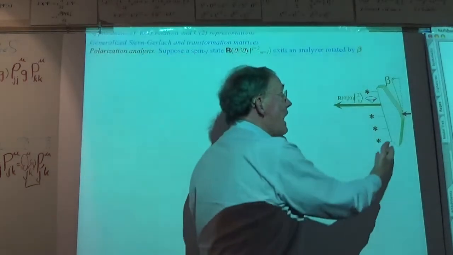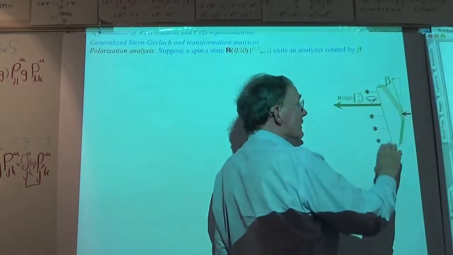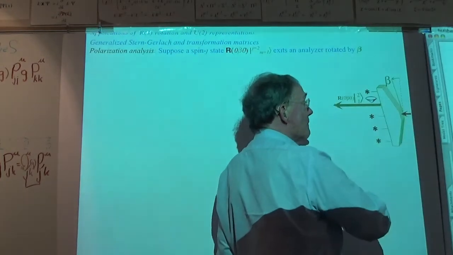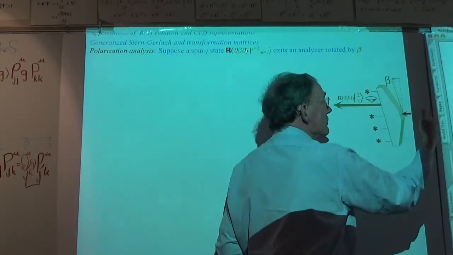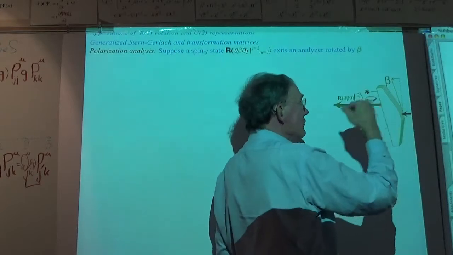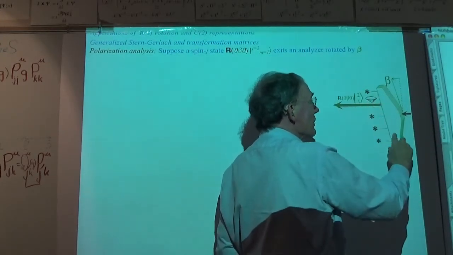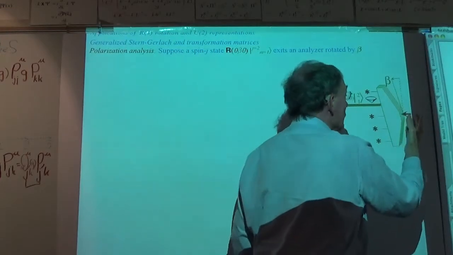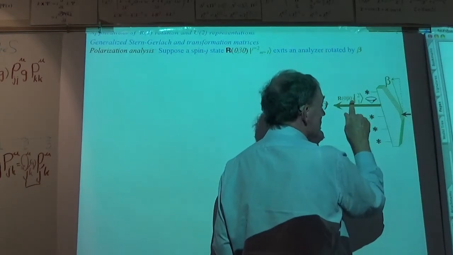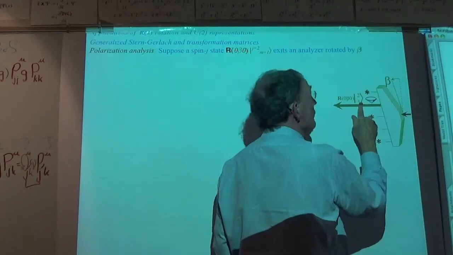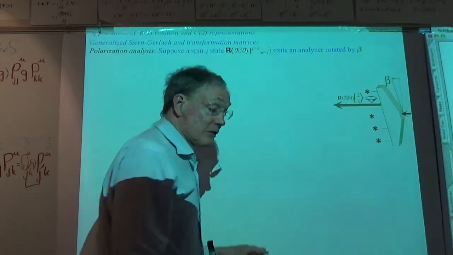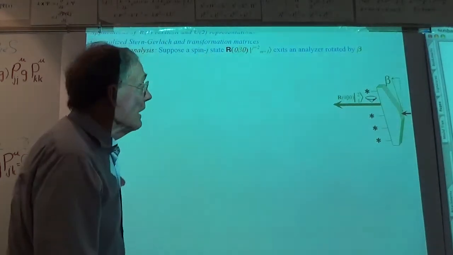So I'm going to have 5 windows in the analyzer. So here comes a beam of spin 2 particles, d waves, with their little angular momentum cones in various positions. And I'm looking at what happens if I rotate the 2-1 state, for example. If I rotate the 2-1 state, what happens?